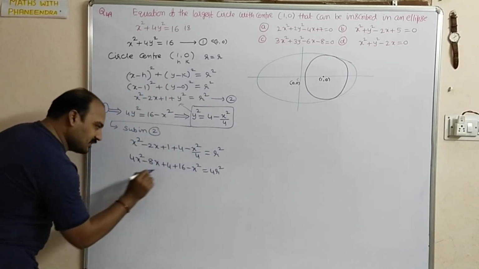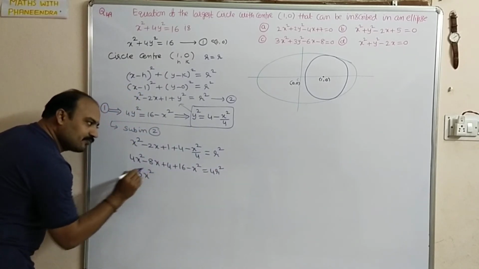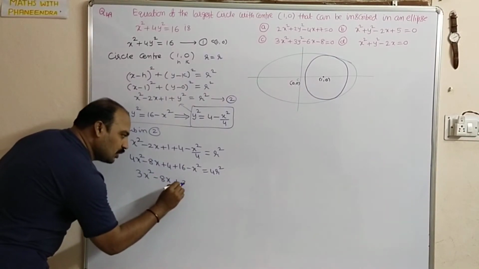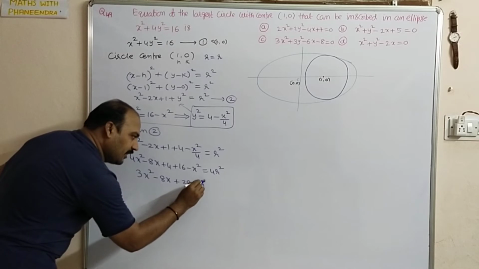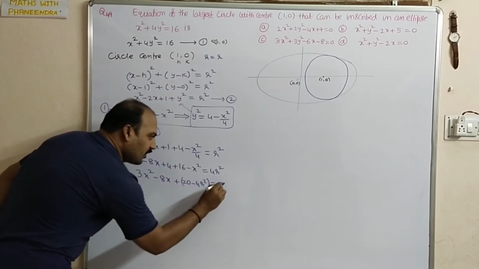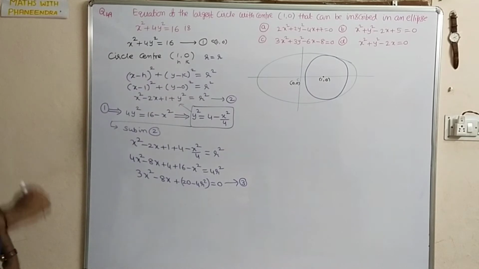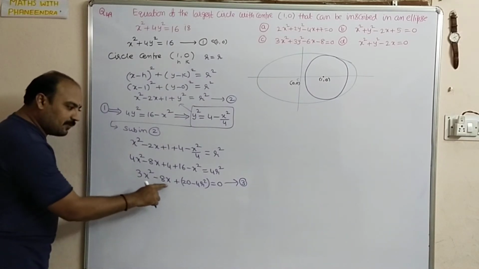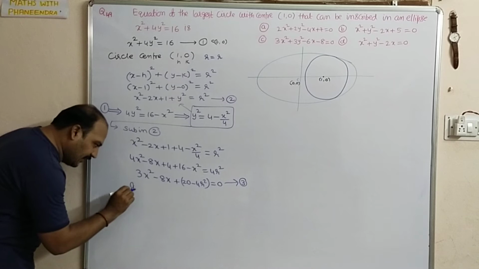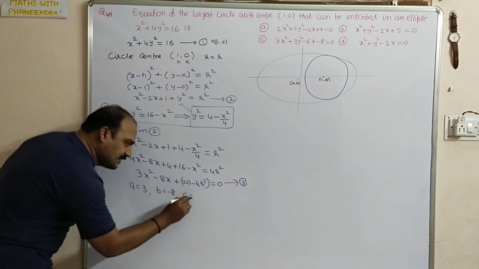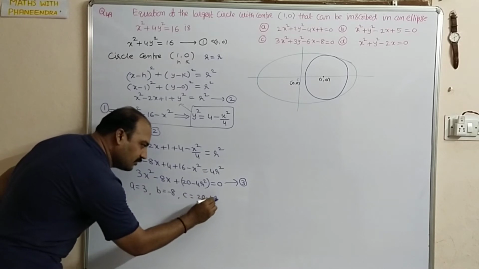So 4x square minus x square is 3x square minus 8x plus 20 minus 4r square is equal to 0. Equation 3 is a quadratic equation in terms of x. Comparing with ax square plus bx plus c, a is equal to 3, b is equal to minus 8 and c is equal to 20 minus 4r square.